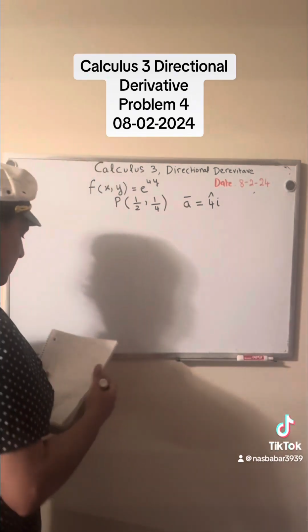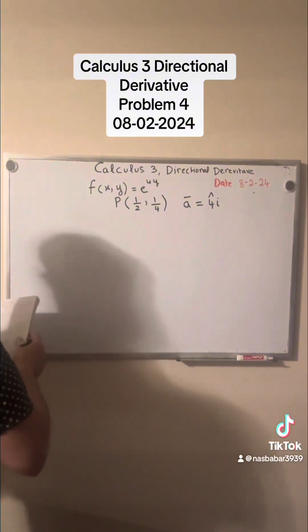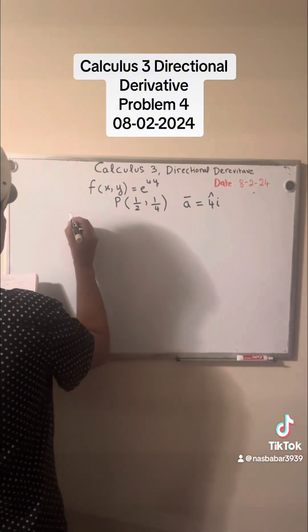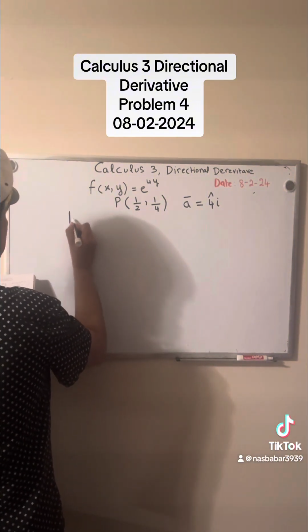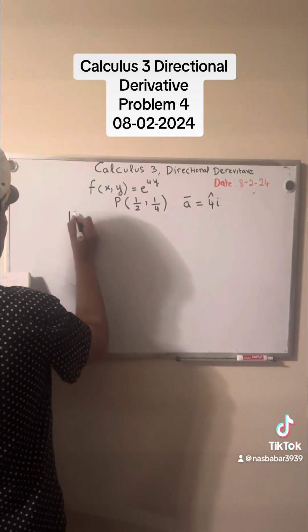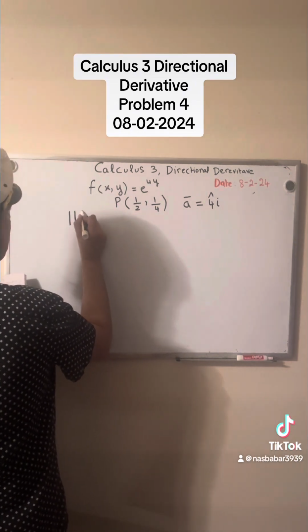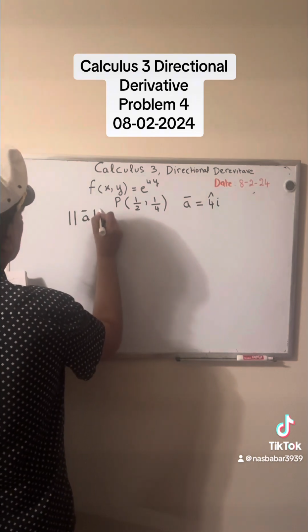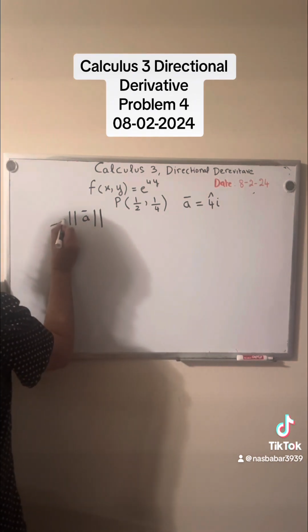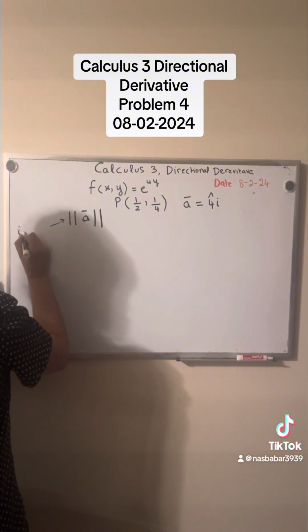So how do we do that? We find the length of the vector and we denote it like this. We have two bars on the left-hand side, then we put the a bar. This is known as the length of the vector. I'll write it down also.